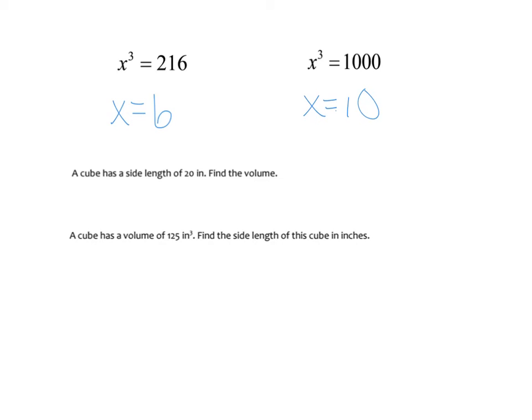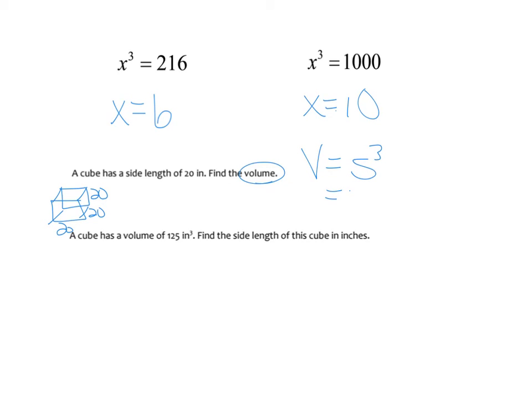It says a cube has a side length of 20. We could sketch a cube with a side length of 20. Since it's a cube, all the sides are 20, and it says to find the volume. Well, the volume of a cube is length times width times height. They're all the same. We could say side times side times side, so the volume is side cubed.